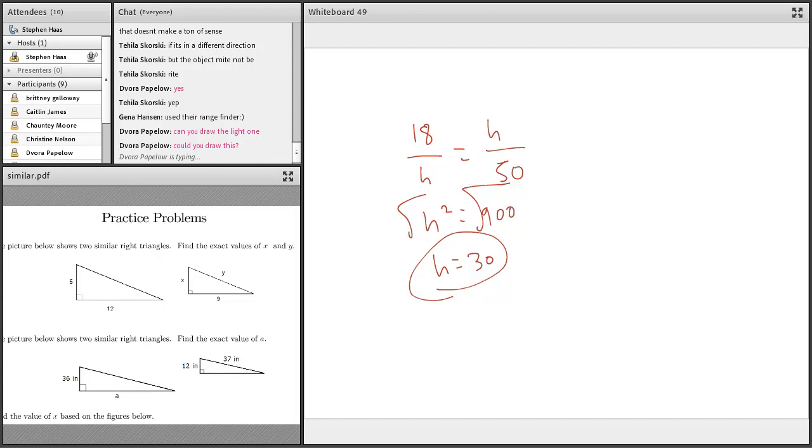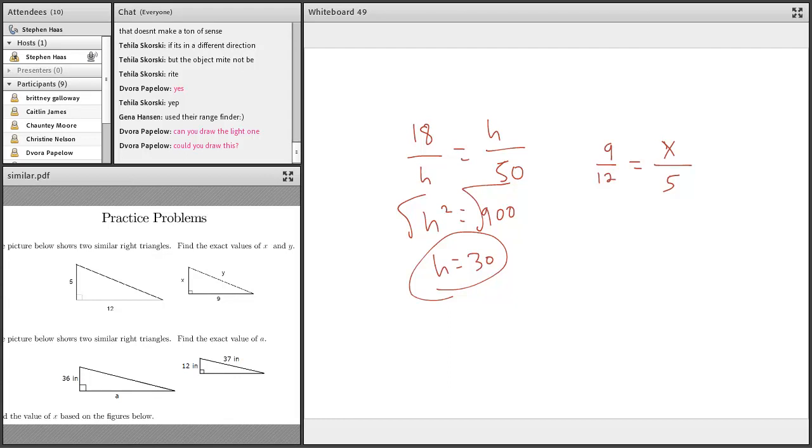It's in proportion, right? So what you would do is 9 is to 12 as x is to 5, because they have to be in proportion. So you could say 9 over 12 equals x over 5, because the two triangles are similar.